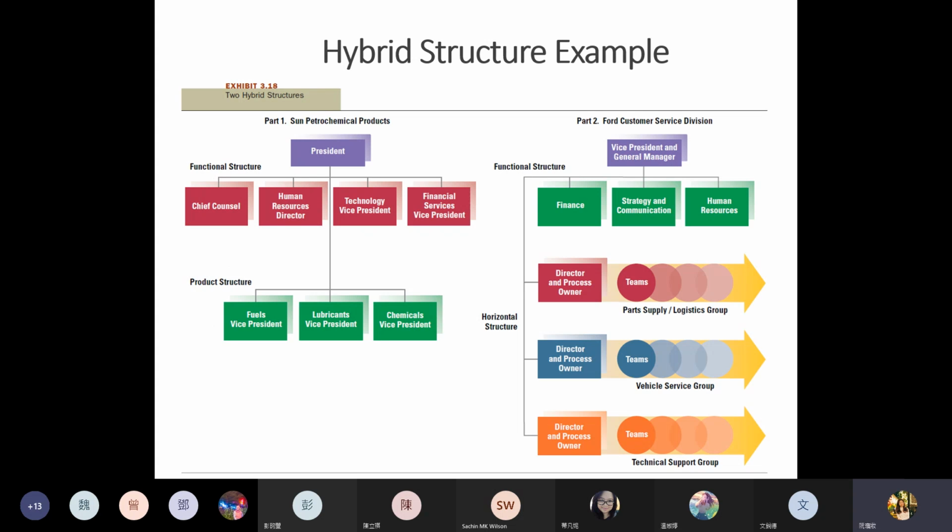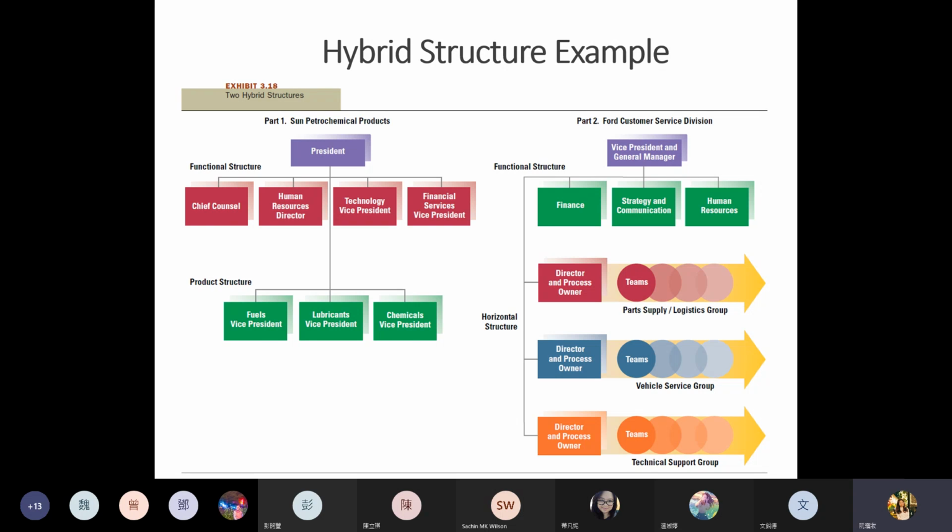This is a hybrid structure example. On the left-hand side, you can see that we have the president, and then the second level is functional structure: chief counsel, HR, tech, and finance.